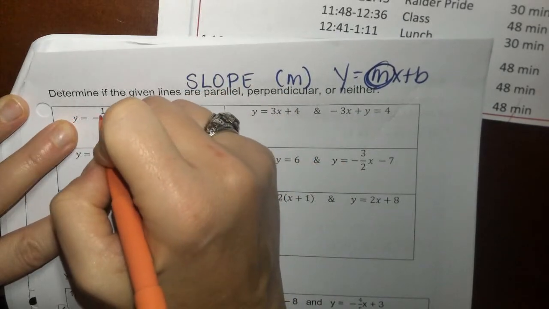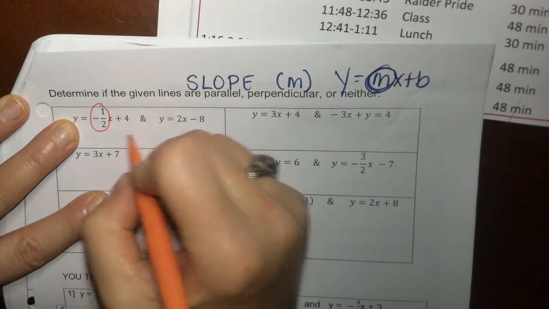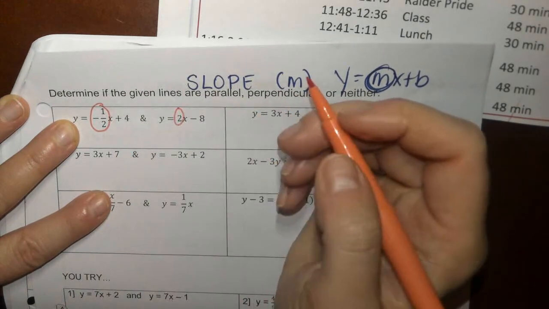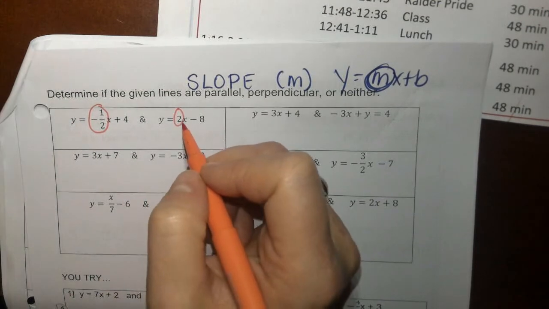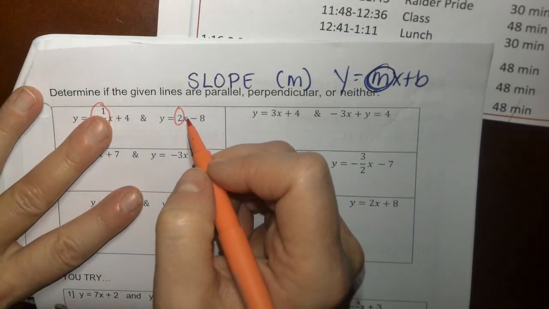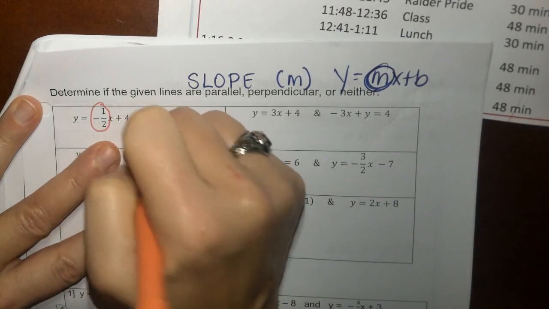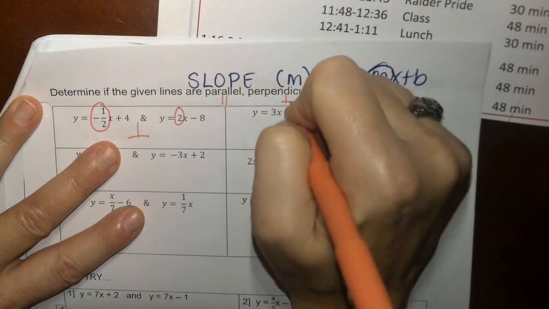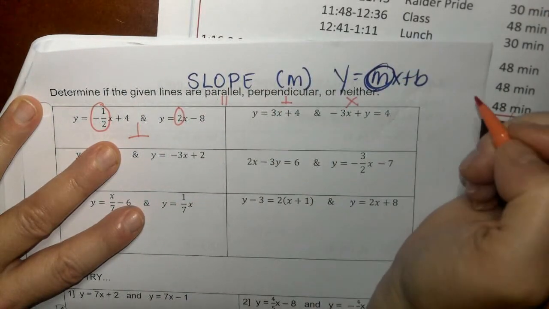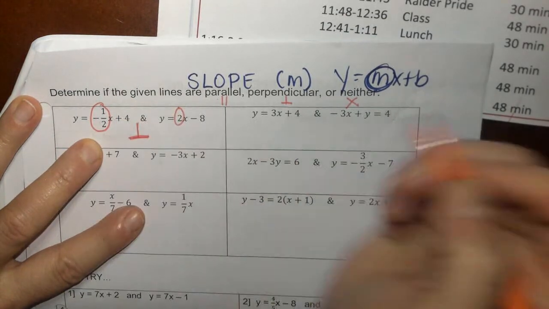So here, if this is my slope, negative 1/2, my original slope, and then my next one is 2 over 1, well, it looks like they flipped it and they changed the sign. So this is going to be a perpendicular slope. Remember, this is parallel, perpendicular, or neither. So this is going to be perpendicular.